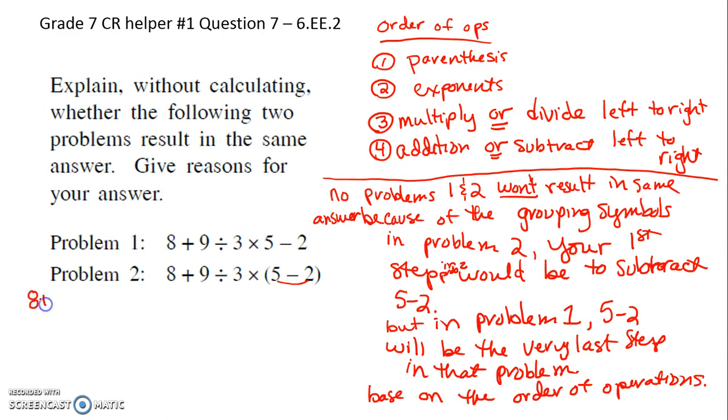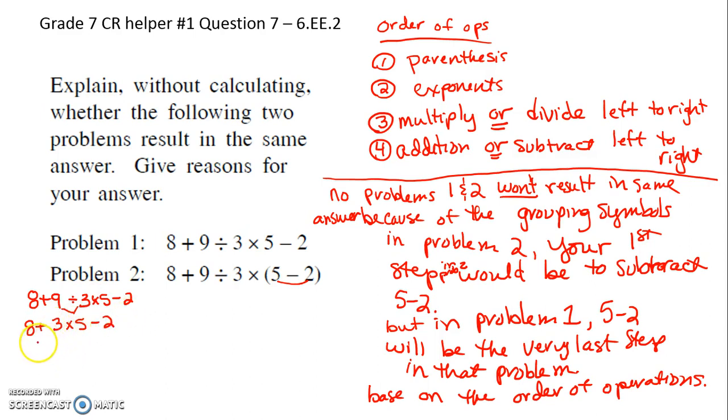So in our first problem, 8 plus 9 divided by 3 times 5 minus 2. There are no parentheses, so I don't have to worry about that. There are no exponents, I don't have to worry about that. I need to multiply or divide left to right. So because I have to go left to right, I have to do this division first. So that would be 8 plus 9 divided by 3 is 3, then still times 5 minus 2.